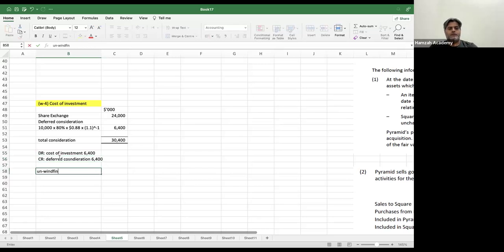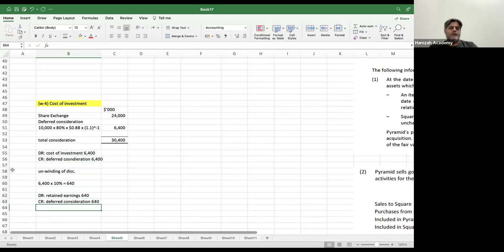Then we have unwinding of discount. 6,400, 10% is going to be 640. So we'll debit the retained earnings with 640. We'll credit the deferred consideration with 640.